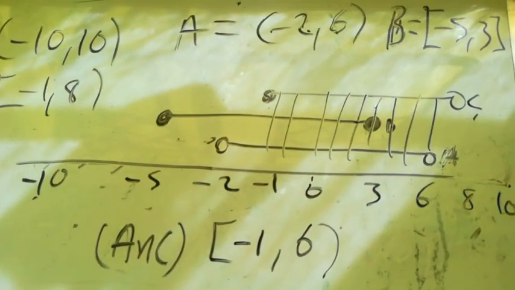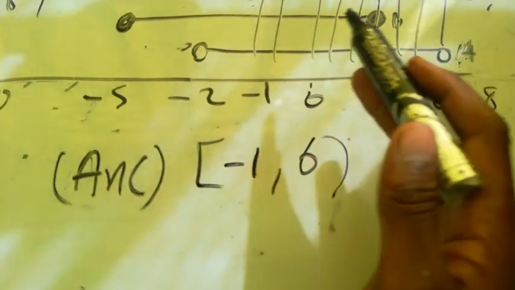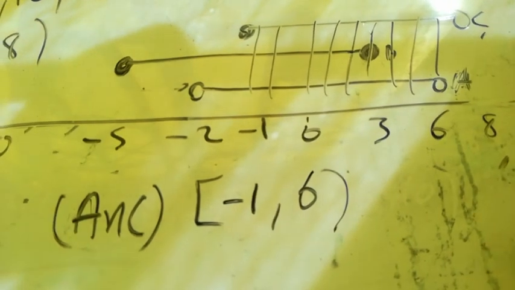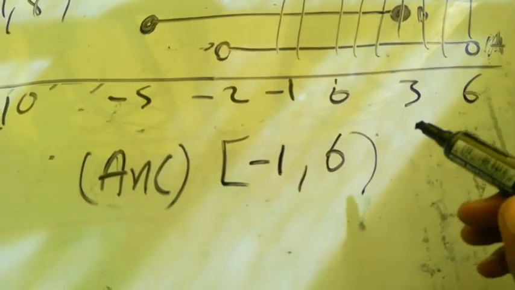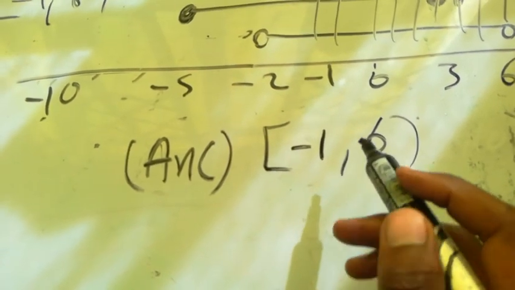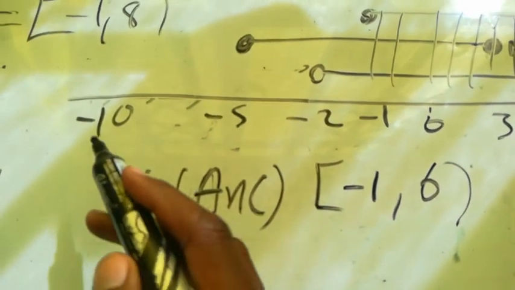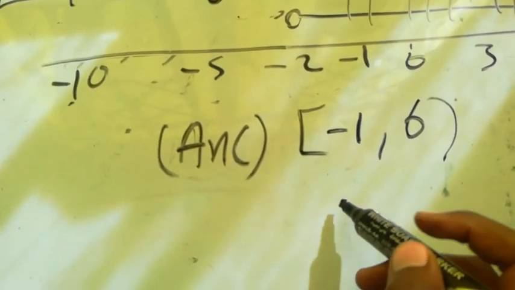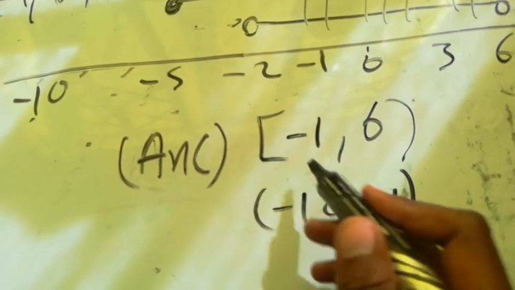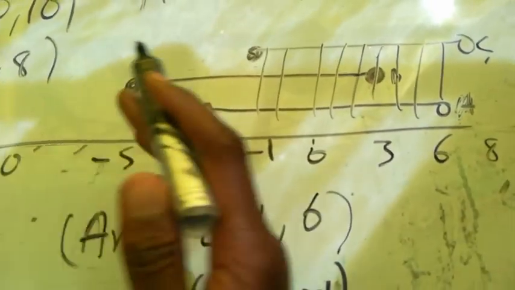Find the complement. Now we'll consider the values which are not part of the shaded area. That will be the complement of A intersection C. So since -1 is part of the shaded area, it won't be part of the complement. So it will range from -10 up to -1, and you have this side and the other side.